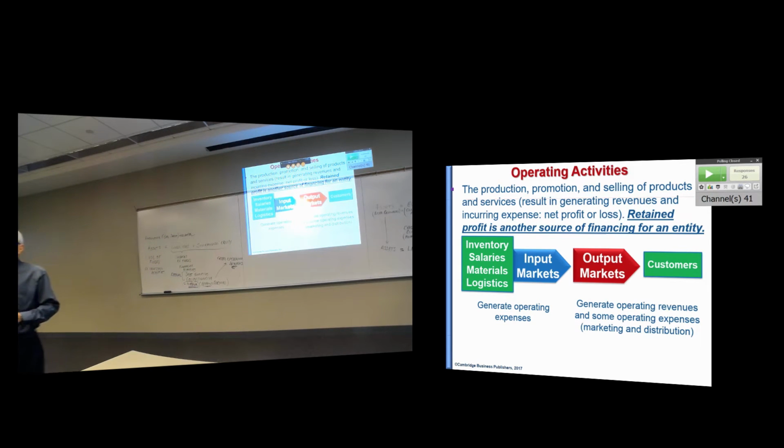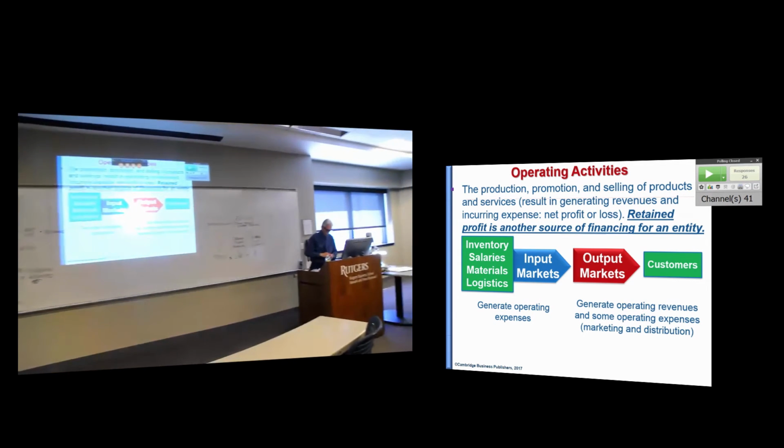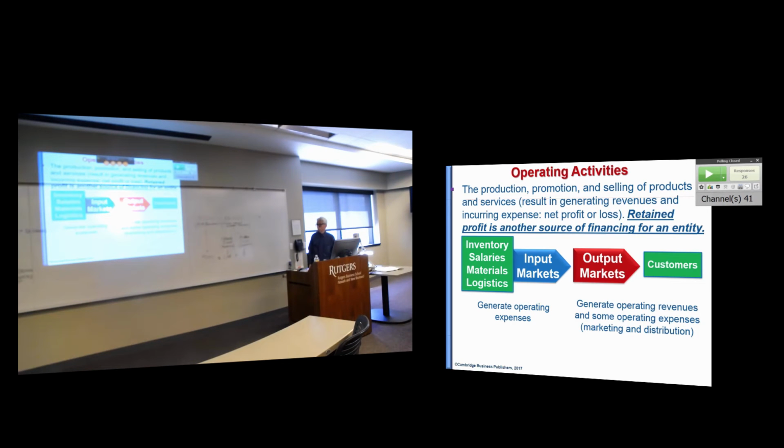That's what's retained by the company. So the primary change in retained earnings is net income minus dividends. That's the income that we earned over time that we did not pay out to our stockholders.